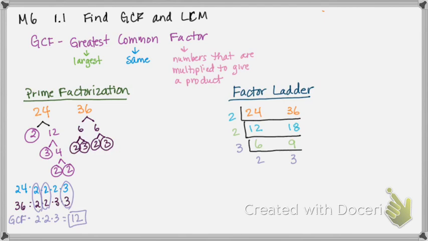So, how do I figure out GCF? Oh, this is great. All I do is I look at the vertical numbers and I multiply them together. And that gives me 12. Isn't that cool? Okay. All right. That's GCF. That's a way for us to figure out the greatest common factor that 2 or more numbers have in common. Okay? If it's more than 2, it has to be something that all the numbers have to have in common.